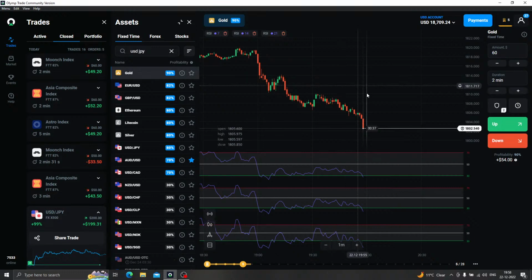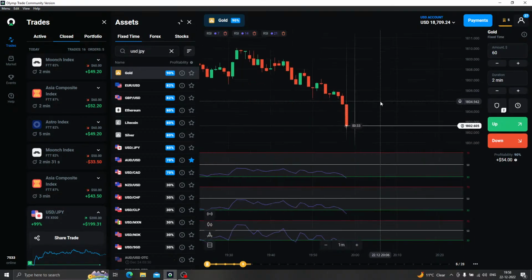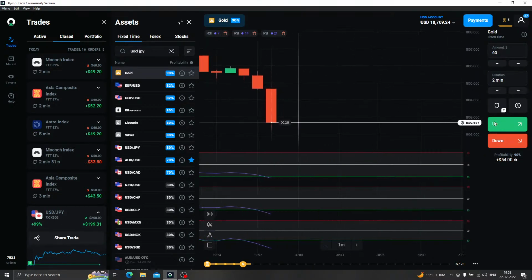Okay, guys, I think we have an entry in gold because all the three RSI have reached the oversold region. So I'm marking gold for the next trade.